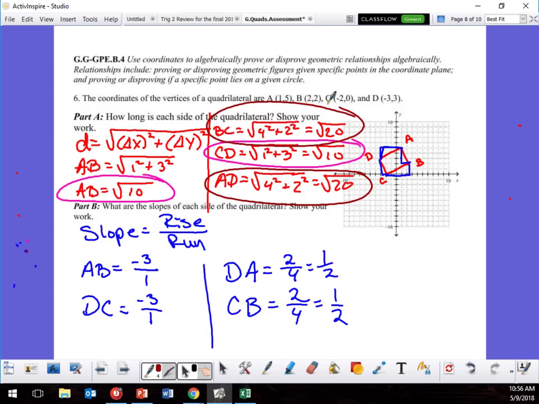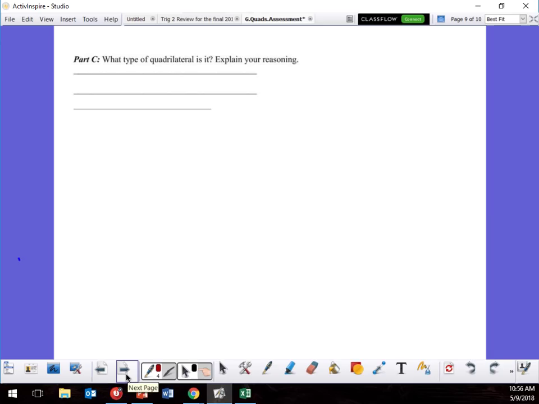So opposite sides are congruent, very good. And opposite sides are also parallel, aren't they? So we have a parallelogram, right? What else can we figure out from this? So far we have that it is a parallelogram.